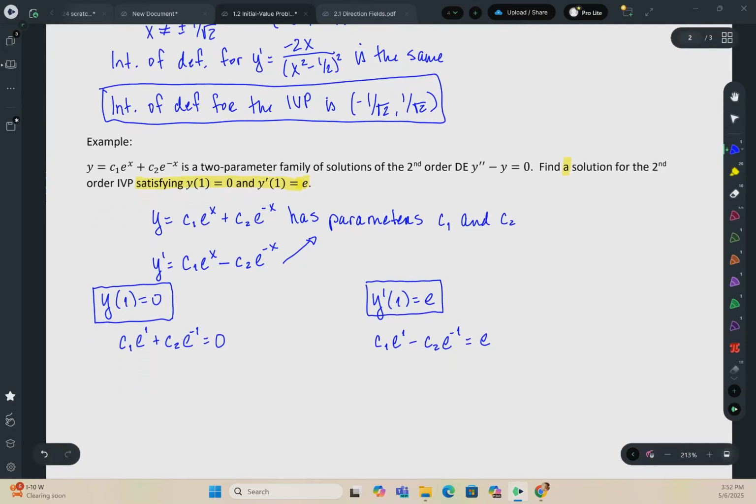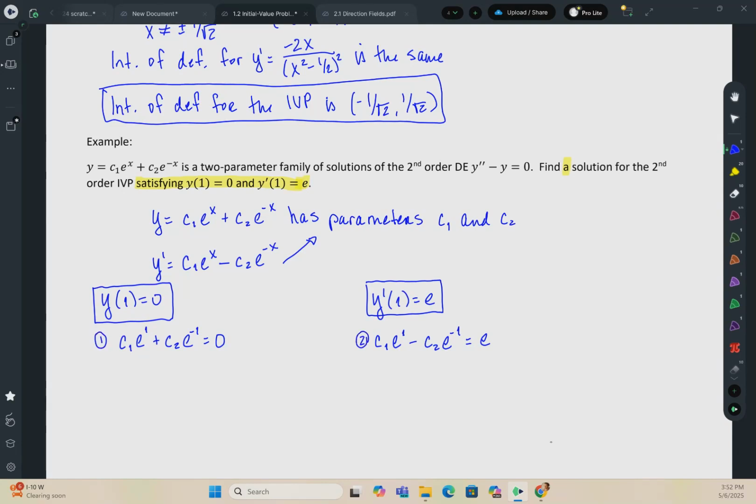Okay, so I have 2 equations, I have 2 unknowns. The unknowns are C1 and C2. I'll solve for C2 in equation 1. We'll call this equation 1, this equation 2.